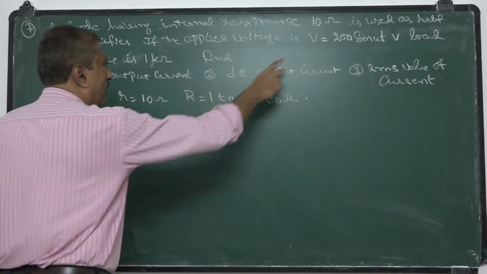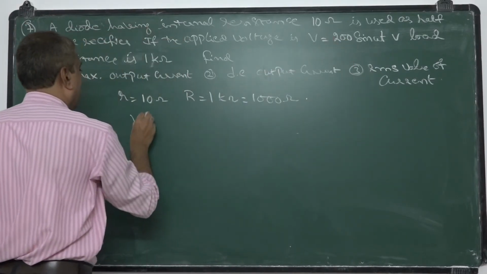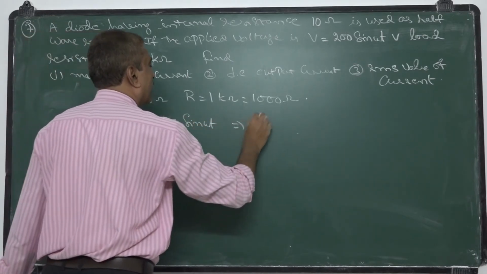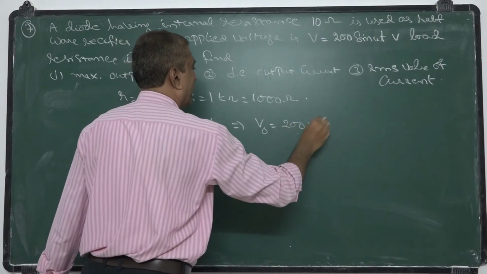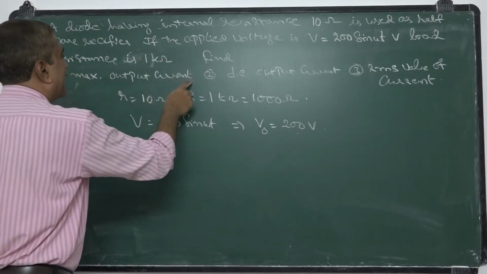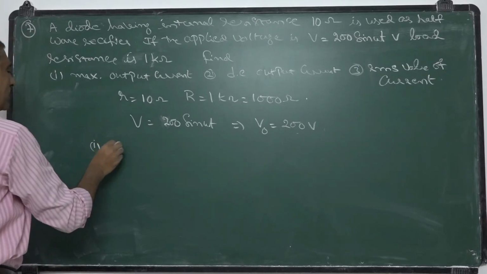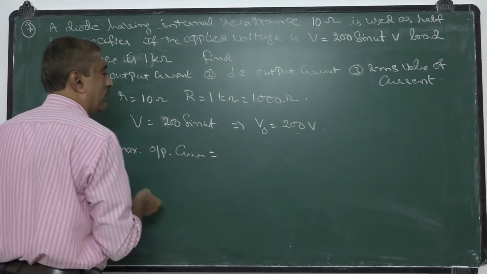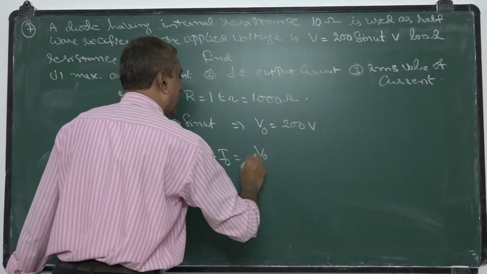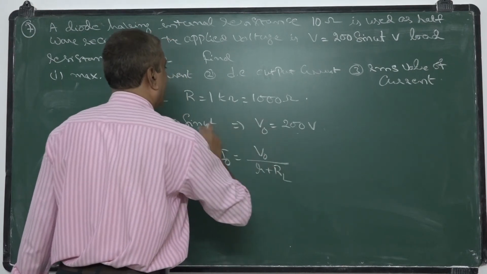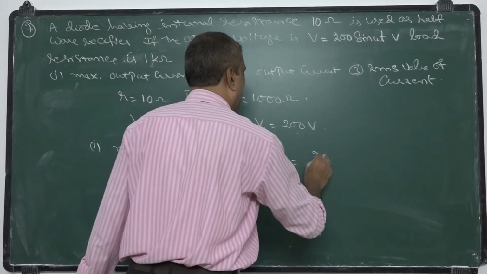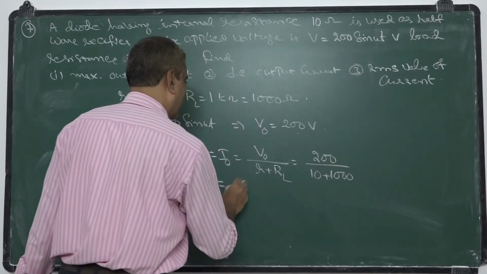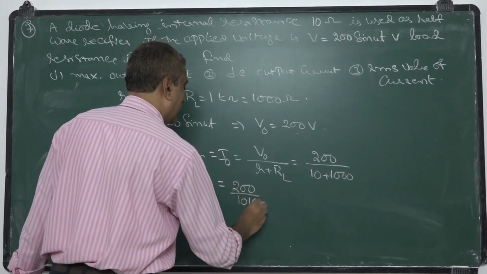Next, maximum voltage is V0, given V equal to 200 sin omega t, means V0 is equal to 200 volt. That we got. Now the maximum output current, first one, maximum output current is equal to I0 equal to V0 by r plus RL, that is 200 by 10 plus 1000, that is 200 by 1010.